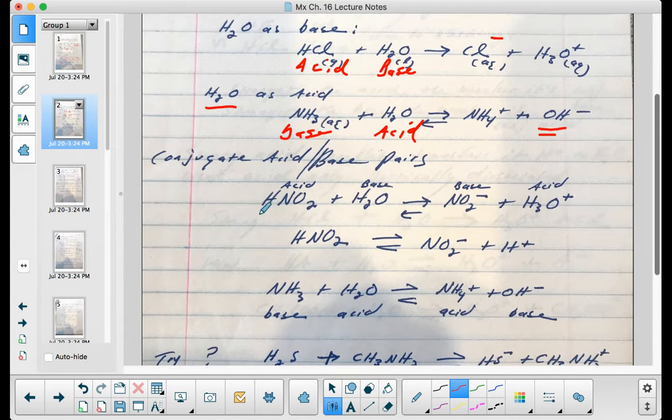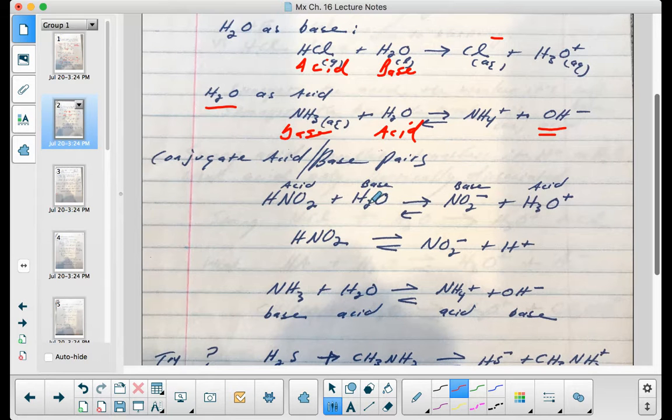So if I take, for an example here, this acid is nitrous acid, and put it in water, this reaction occurs. And so this is my acid.